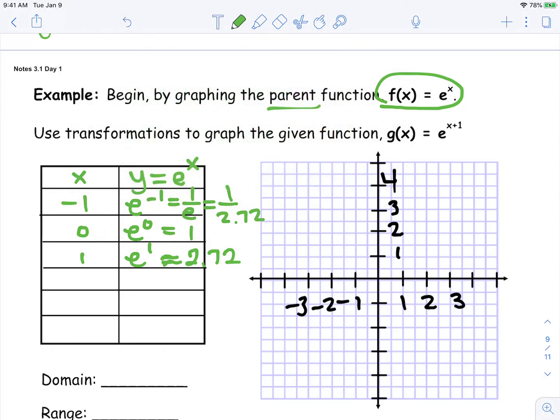All right, so first ordered pair, -1, and then 1 and 2. So it's about 1/3. Small as I can go there. And then over 0, up 1, over 1, almost up to about 3. So here is our exponential function of base e.